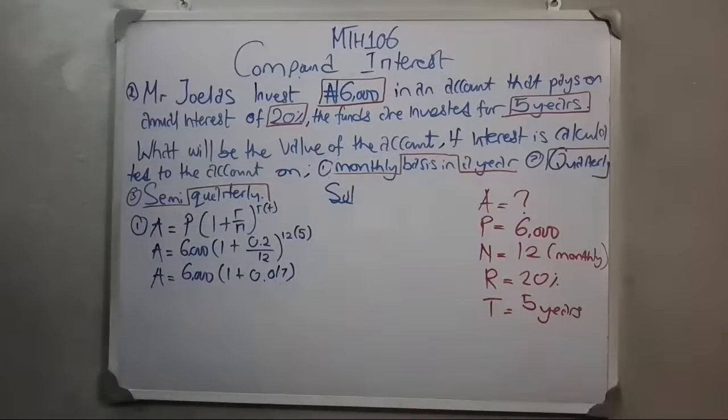Since we have 66666, so 0.017. And we have 12 multiplied by 5.